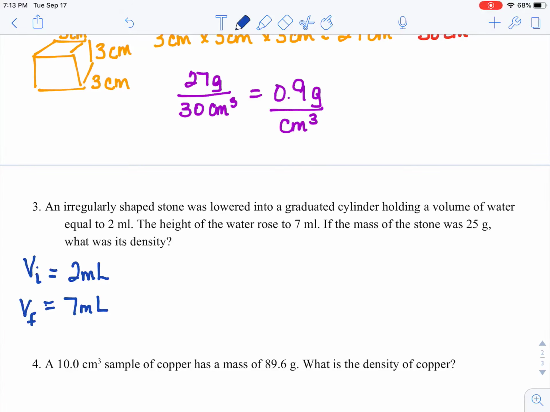So remembering that we always do final minus initial to find our difference, we're going to do 7 milliliters minus 2 milliliters, and that's going to give us 5 milliliters, which is the volume of our stone.